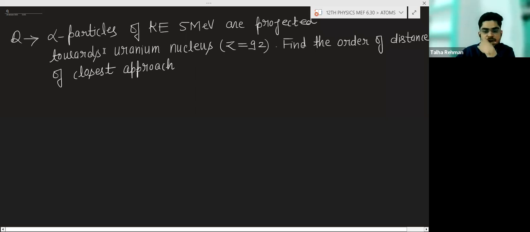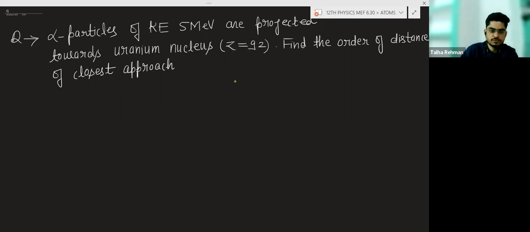Okay, let us solve this question. Alpha particles of kinetic energy 5 mega electron volt are projected towards the uranium nucleus, with Z equal to 92. Find the order of the distance of closest approach. Simply apply this formula. What is the formula for the distance of closest approach?